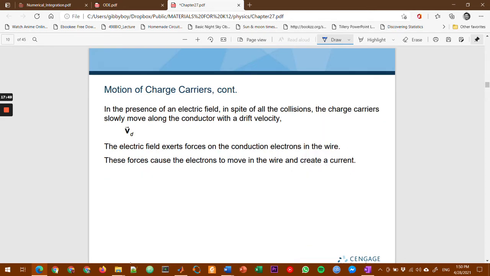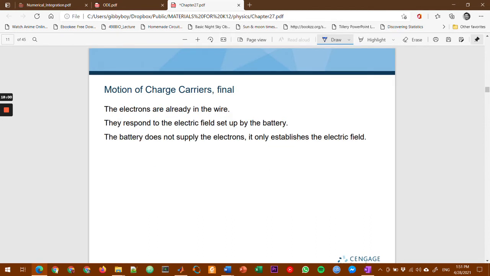So we have the drift velocity. As I said earlier, the electrons are already in the wire and they only respond to the electric field set up by the battery.